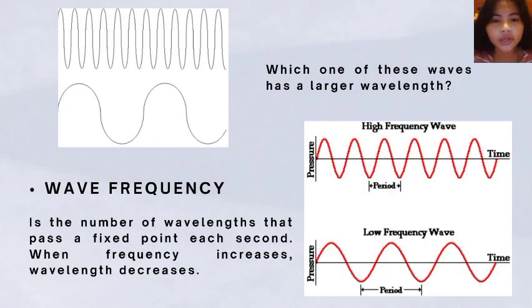We already know what wavelength is, no? It is the distance between the neighboring waves. In longitudinal waves, it is the distance between the centers of neighboring compression regions. Based on what you've just understood about wavelength, which one of the two waves has a larger wavelength?